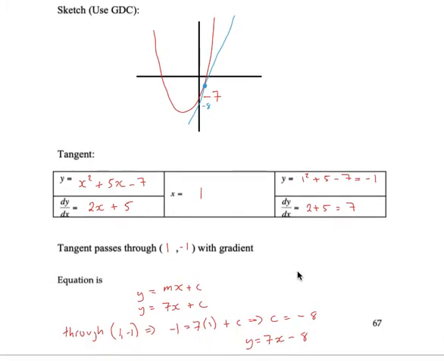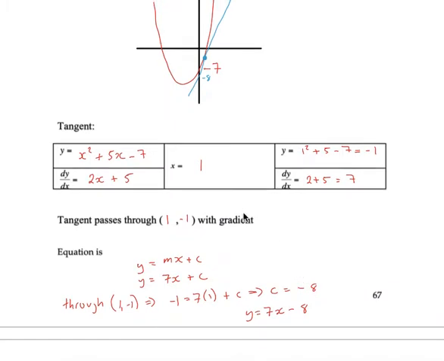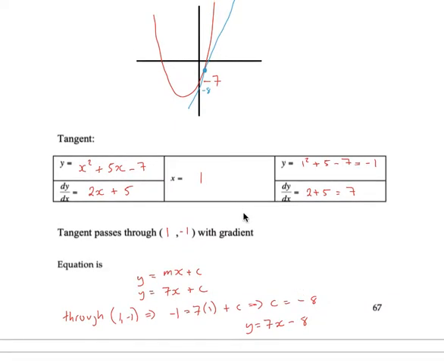So if we keep our work structured and organised here, we can see it's quite straightforward really. The equation of the graph is x squared plus 5x minus 7. So if I differentiate that, the equation of the gradient of the graph will be 2x plus 5.